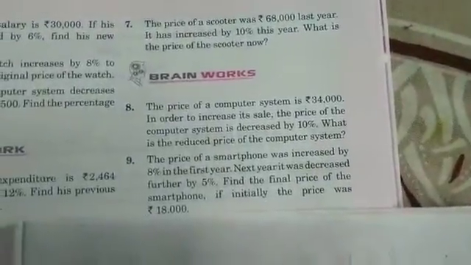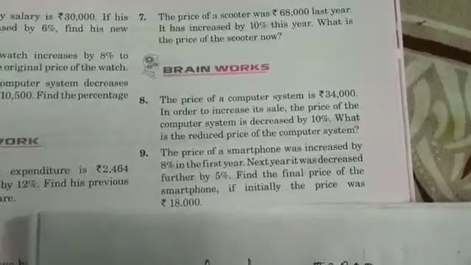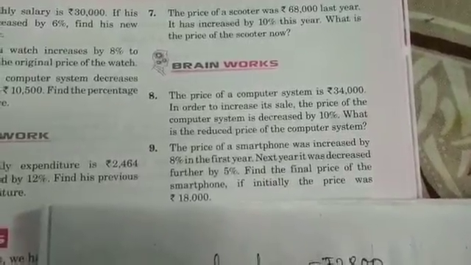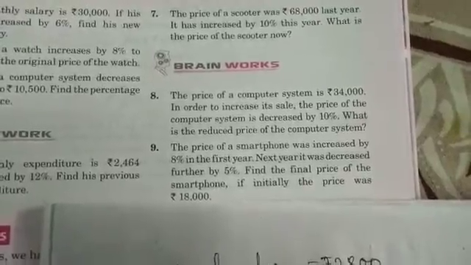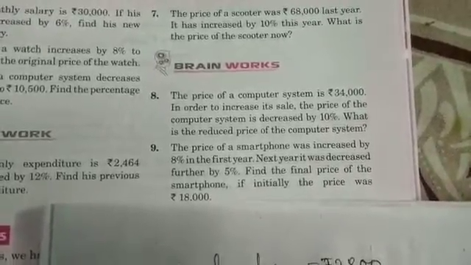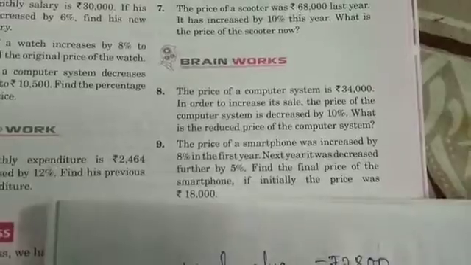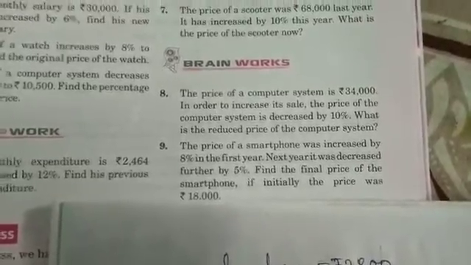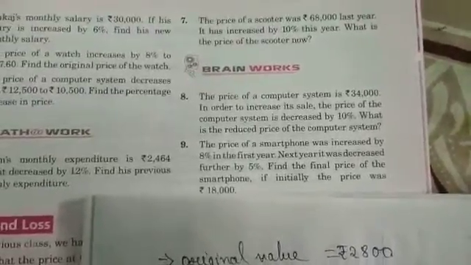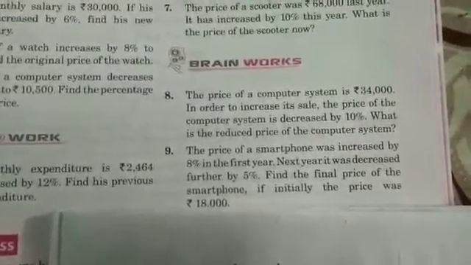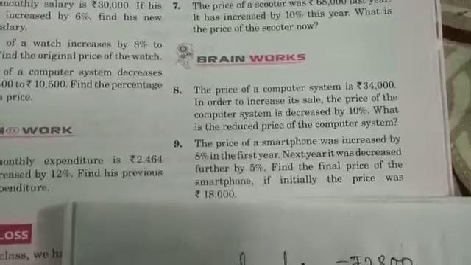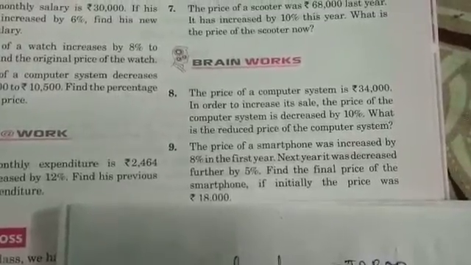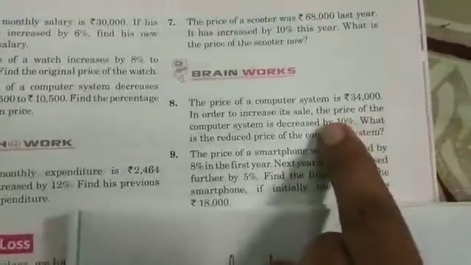Now question number 8. The price of a computer system is rupees 34,000. In order to increase its sale, the price of the computer system is decreased by 10%. What is the decreased value of the computer system? First we have to find the decrease.